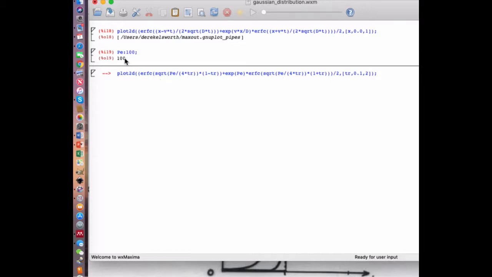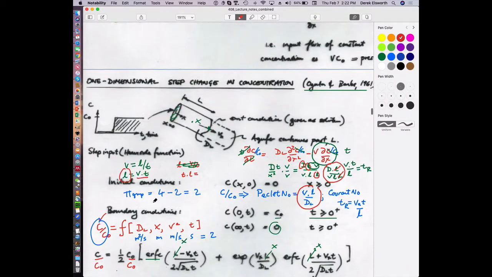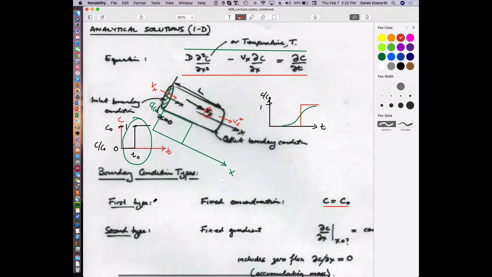And so we could look at the case where we have a very big Peclet number, and what we're looking at are the output behaviors. You recall that when we looked at these responses, we could look at two things. We could look at what the distribution was like along the length of the sample, or we could look at what it looked like as it came out.